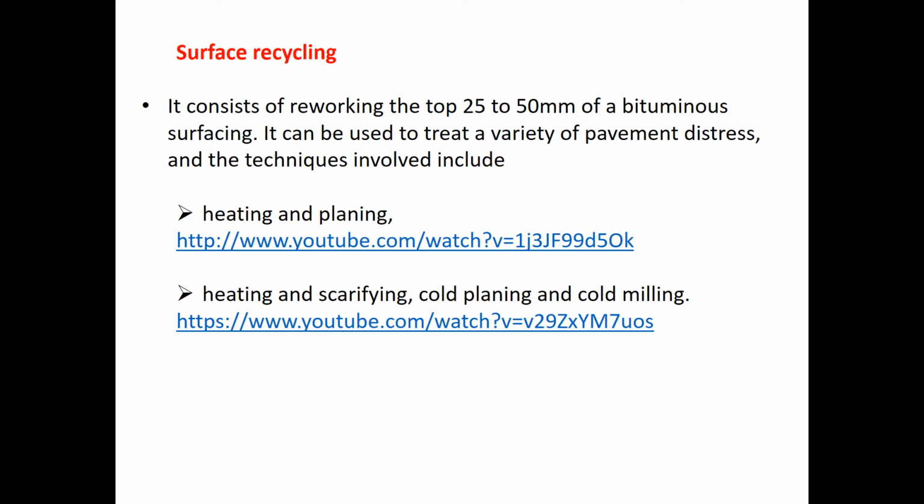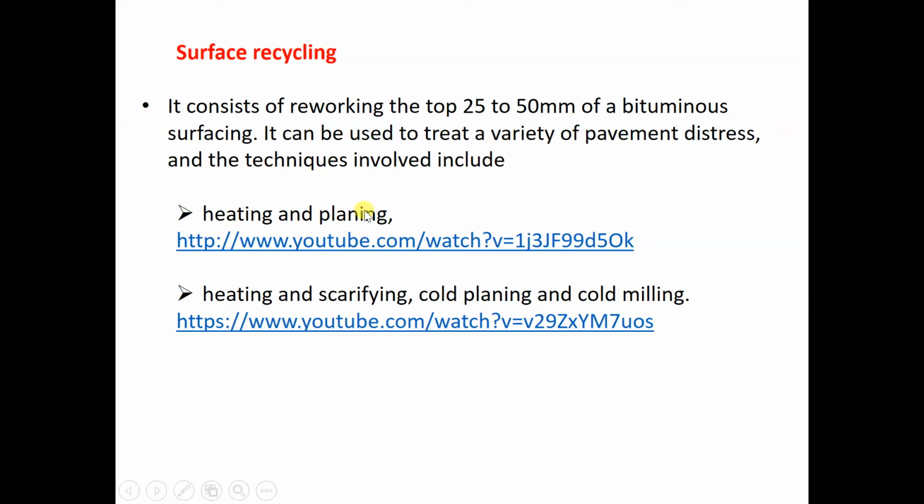So they could recycle the top part of it, 25 to 50 mm. Usually the top part is exposed to the UV light, so its strength has reduced; the bitumen has been oxidized, so it becomes very brittle. So only the top 25 to 50 mm of the bituminous surfacing can be recycled.